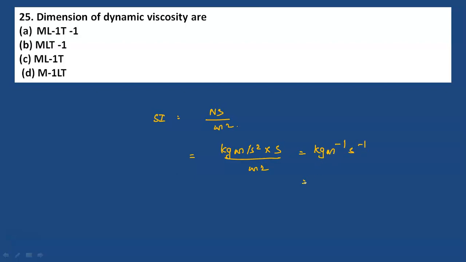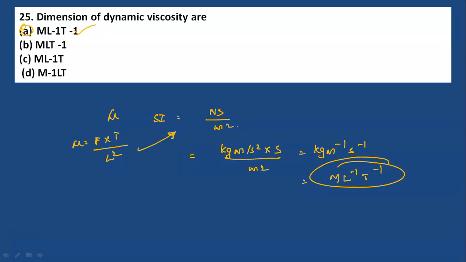Which is nothing but M L power minus 1 T power minus 1. So the given option A is the correct answer. Dimension of dynamic viscosity mu can be represented as force into time divided by length square. From this only we can convert this SI unit.